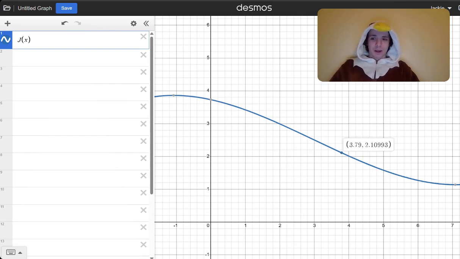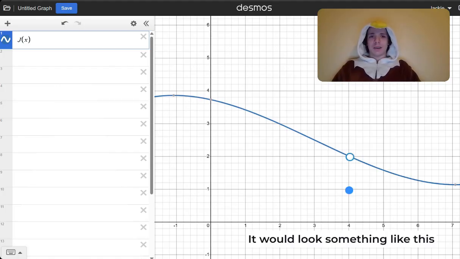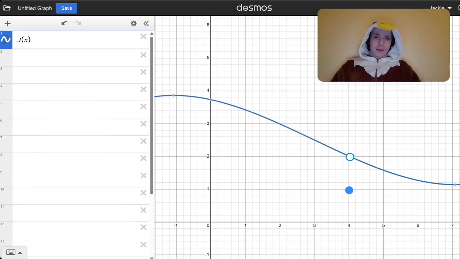It's what you're approaching, not the actual value. So it could be undefined, it could be a jump, like it could be a totally different value with an open circle. But the limit, we're just talking about as you get closer and closer.